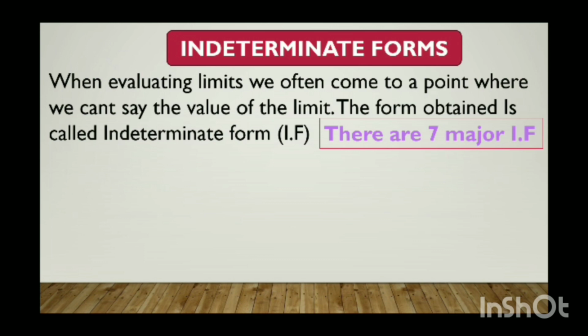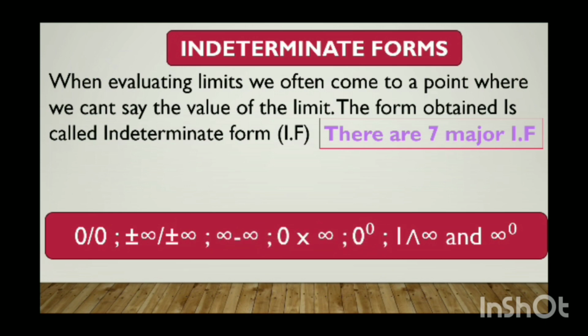So in mathematics, like I said, there are 7 major indeterminate forms, which I am going to present to you. 1, 2, 3, 4, 5, 6, 7. You have 0 over 0, infinity over infinity, plus or minus, infinity minus infinity, 0 times infinity, 0 to the power 0, 1 to the power infinity, and finally infinity raised to the power of 0.